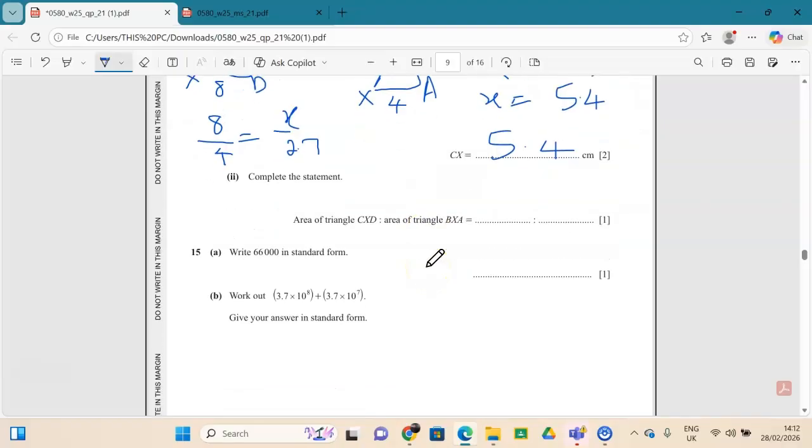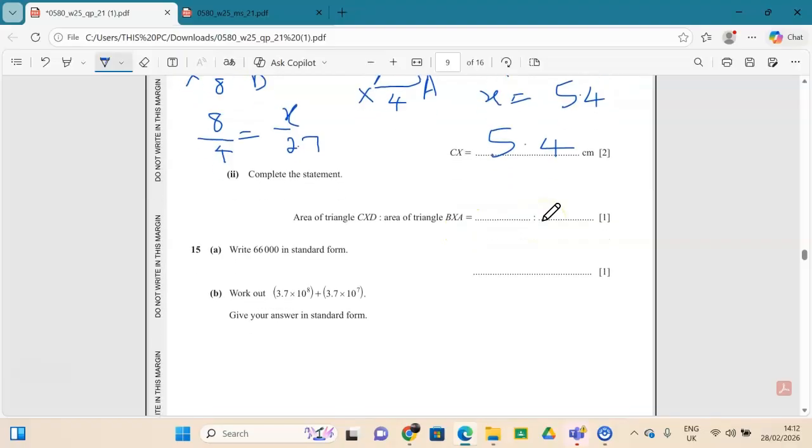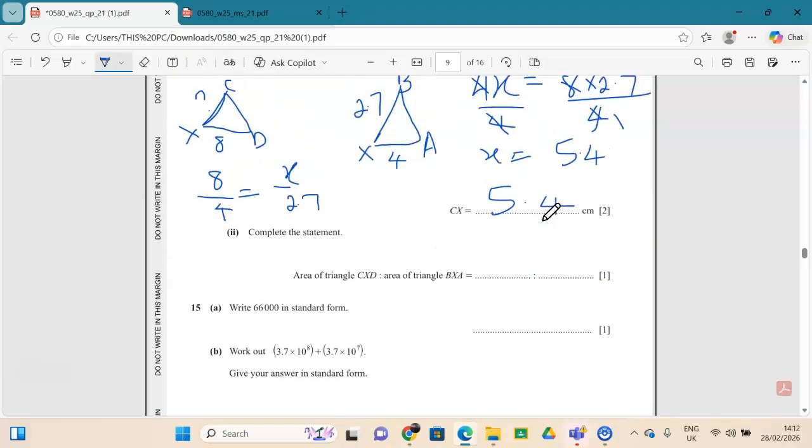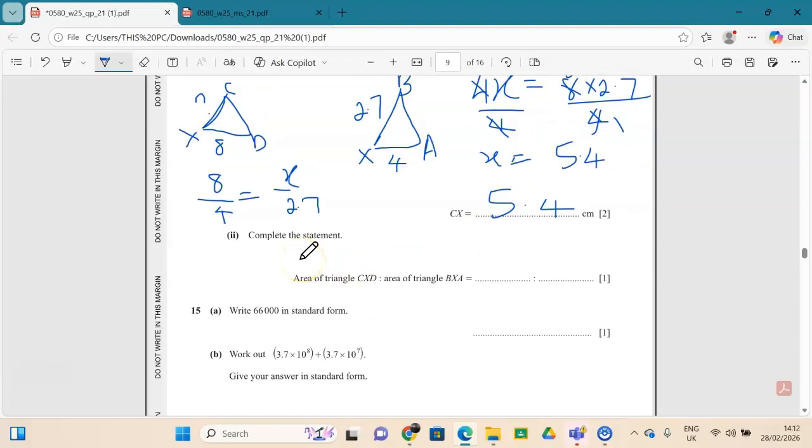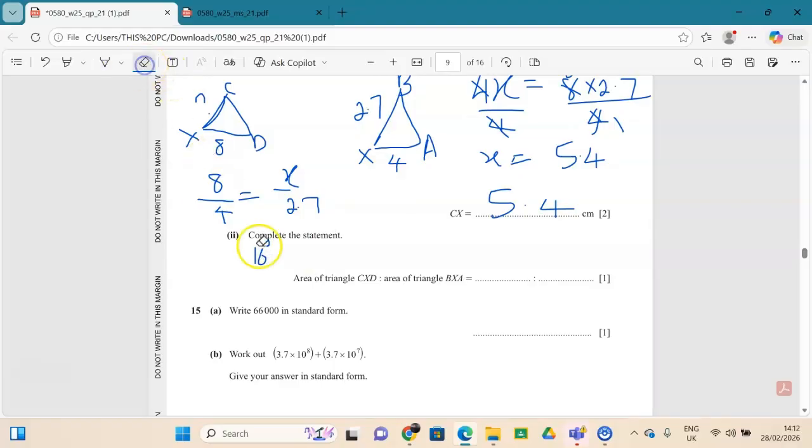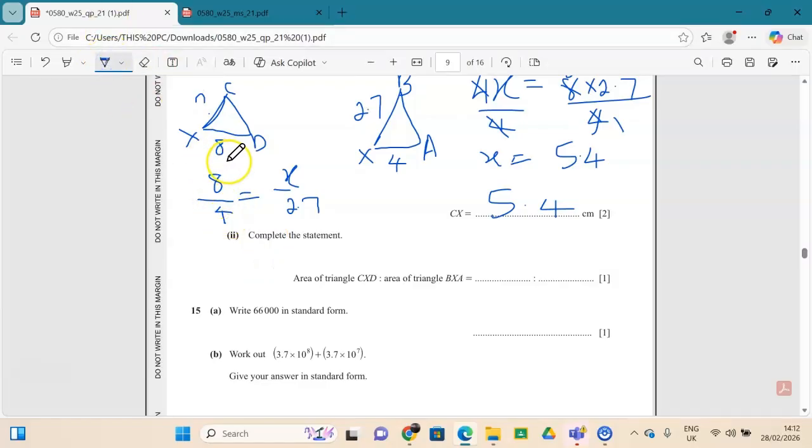Now, area of triangle CXD ratio area of triangle BXA will be equal to what? Wow. So it's like using area factor. If I want to get area factor, I'm going to get the squares of the dimension. So let me get similar dimension. This is 8. This is 4. Using area factor formula, I'm going to square the dimension.